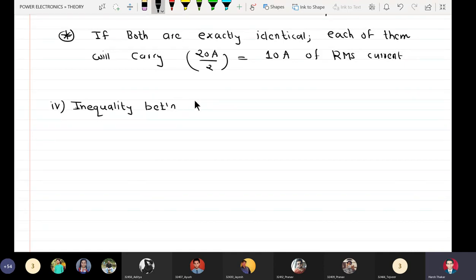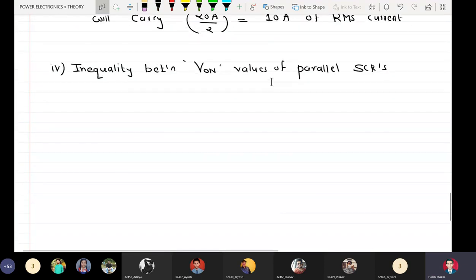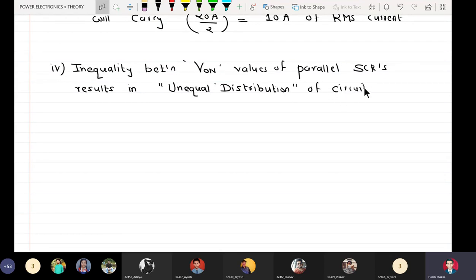Inequality between the on-state, that is V on, values of the parallel SCRs results in unequal distribution of circuit current through individual SCRs, right?